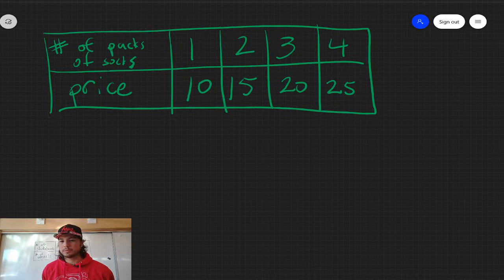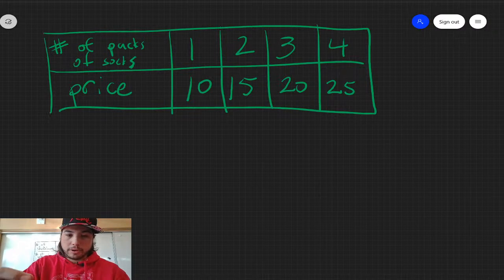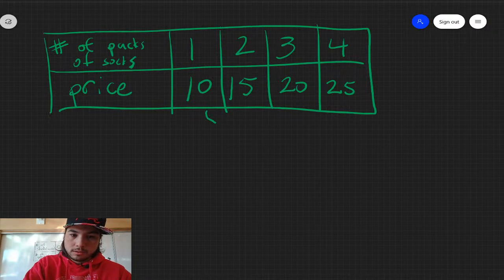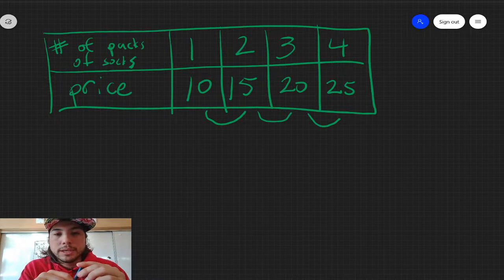This one's a little bit trickier. So if we're stumped, again, I'll give you a little help here. What is the interval between, or what's the difference between each step in our data table?